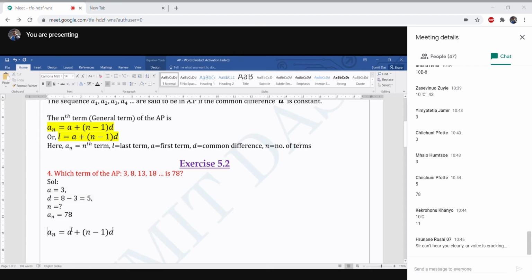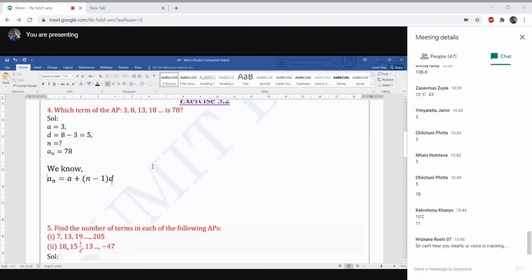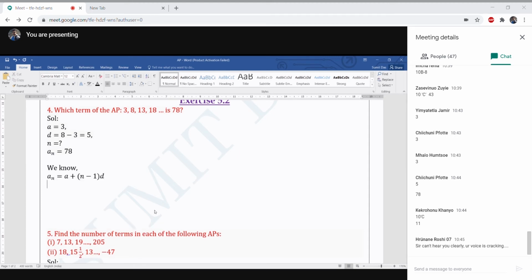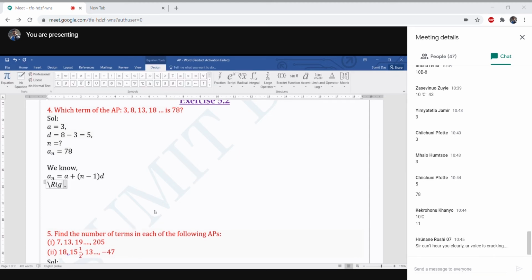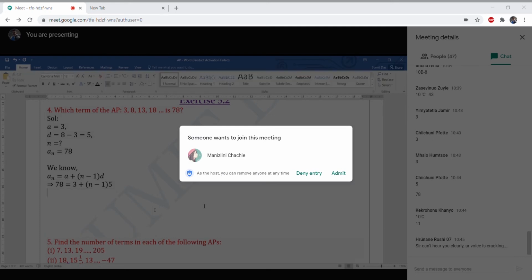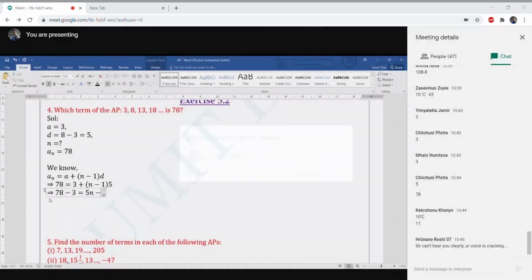Now put in the formula. an value is 78, a value we got is 3, n value we don't know, minus 1 into d, which is 5. So next line we'll take the 3 to that side. So we'll get 78 minus 3, and this side we'll get 5n minus 5.